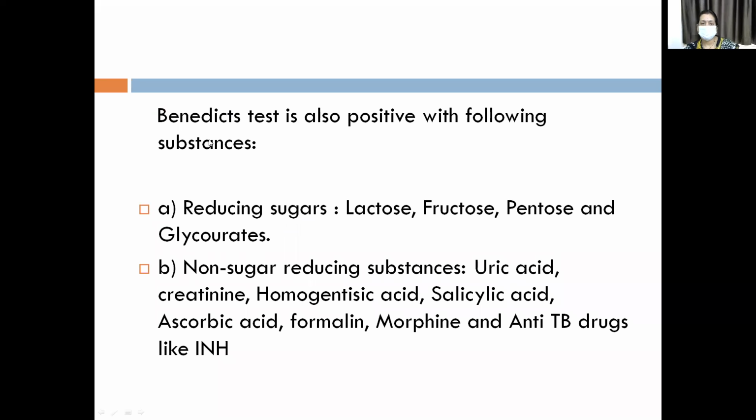Benedict's test is not just positive with glucose; it gives color with other substances which are reducing. The reduction happens with lactose, fructose, pentose and glycolipids. Non-sugar reducing substances are also there: uric acid, creatinine, homogentisic acid, salicylic acid, ascorbic acid, formalin, morphine, and anti-TB drugs.